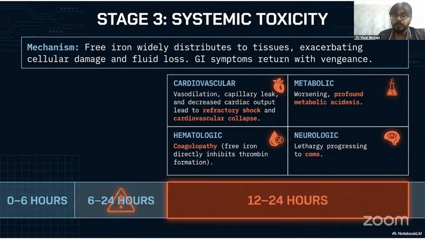Okay. So what we need to know about this iron-induced coagulopathy? There are basically two different reasons why it happens. The first one is because of the increase in iron. Increase in iron causes reduced thrombin formation, like we discussed, causing initial coagulopathy. This phase is reversible with chelation therapy.